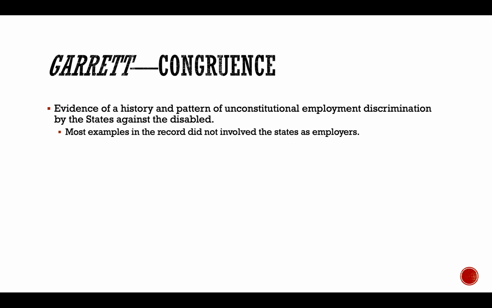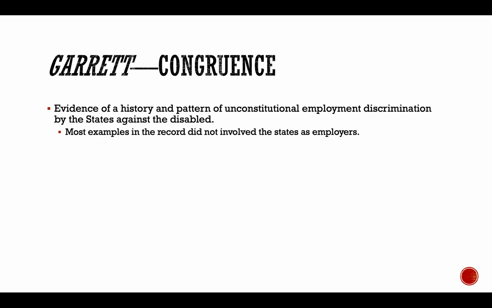Instead, there are a lot of examples, but they might be by private parties or the state acting in a different capacity other than as employer. So a lot of the record simply doesn't help to further the argument that there is a widespread pattern of states engaging in irrational disability discrimination when they're acting as employers.